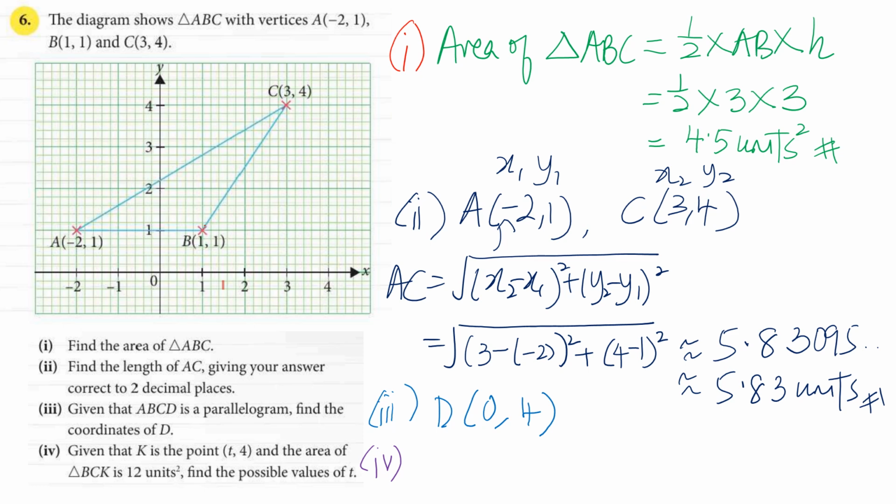So let's draw a line y equals to 4. Right, so what we are saying is your point K will be anywhere here, where the y coordinate is 4, but we don't know about the x coordinate, which they call T here. And the area of triangle BCK is 12 units squared. So supposing your point K is here.